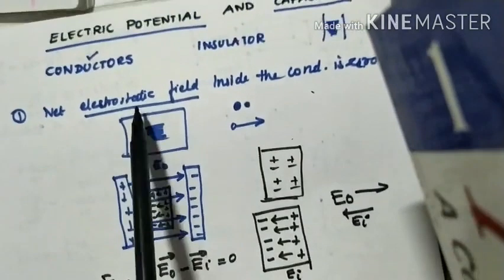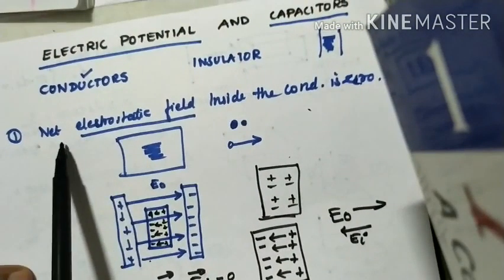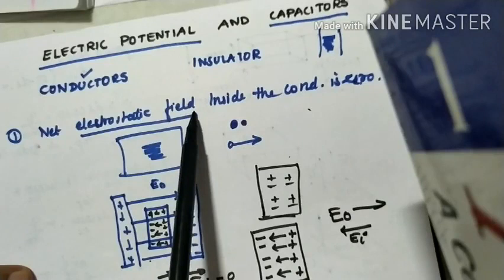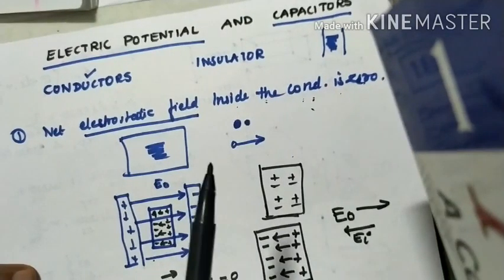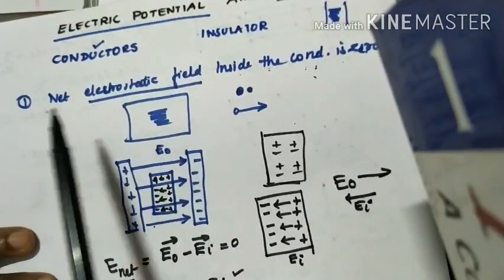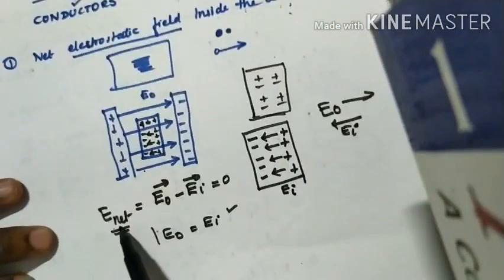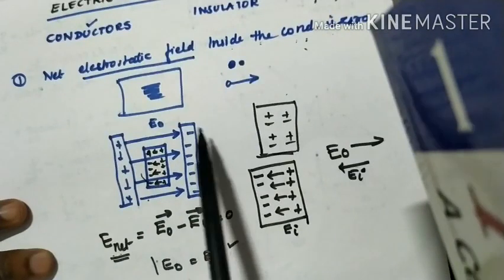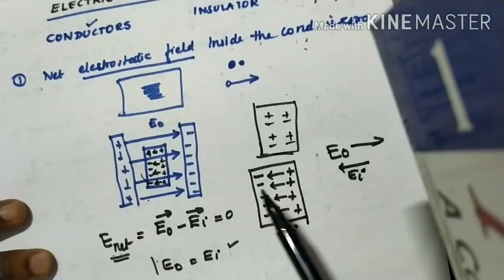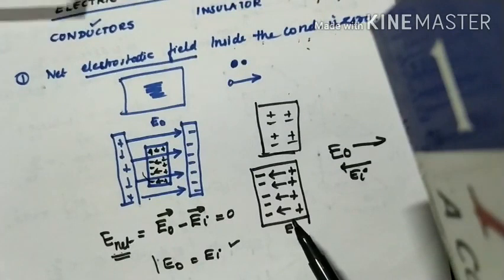Now let's go back to the statement. Net electrostatic field inside the conductor is 0, right? At length, net electrostatic field is 0 inside the conductor. I hope it is clear.